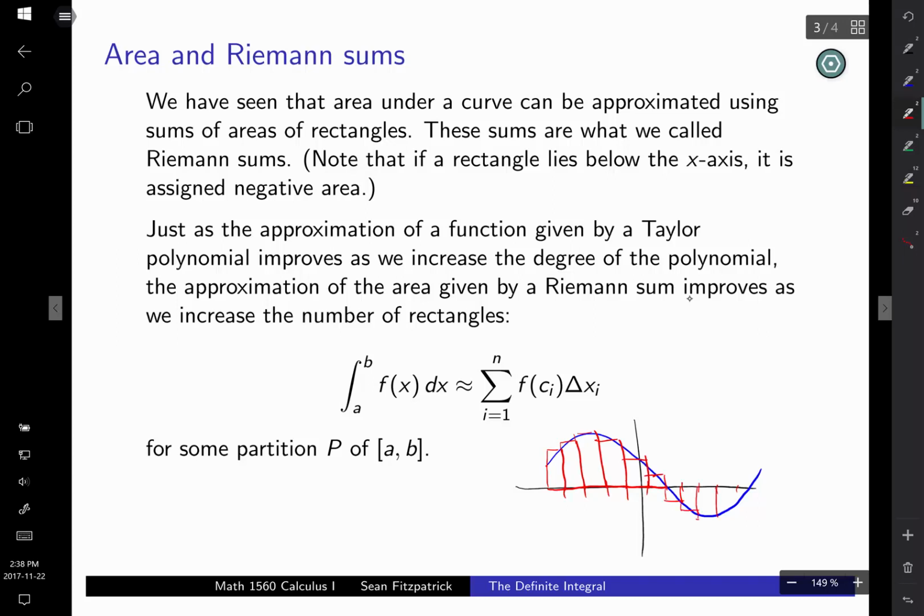So you go something like this. And again, for each of these rectangles, you're choosing some point on the graph, right? So this is going to be some point x_i, well, maybe not x_i, because it might be between one of the points, but it's going to be this point. What was the notation we used? C.